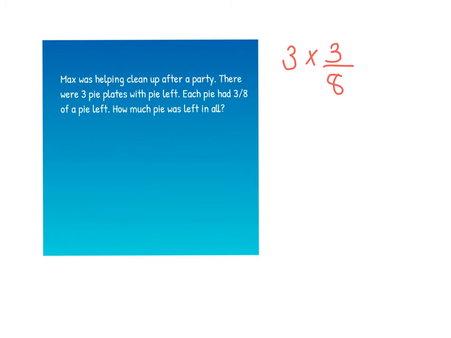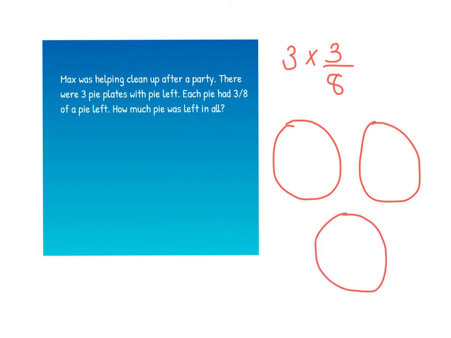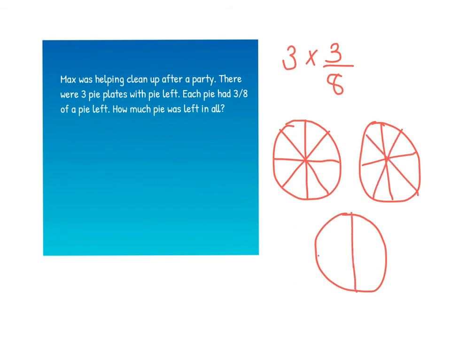So if we were going to draw a model to solve this, I have 3 pies. These are not very good pies. And they each had 3/8. So let me divide these into 8ths. And they each had 3/8 of the pie left.